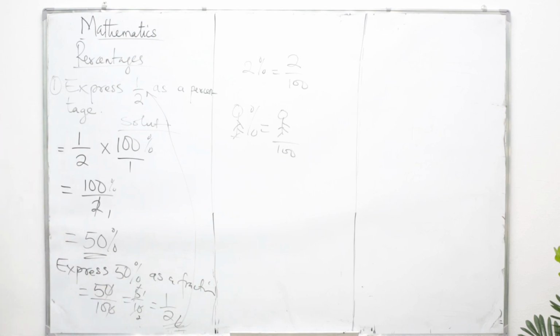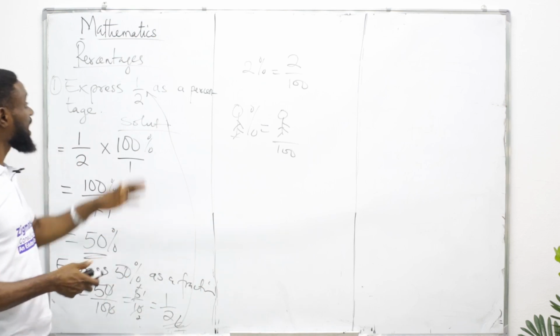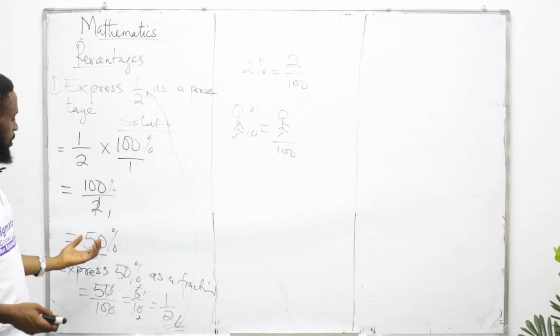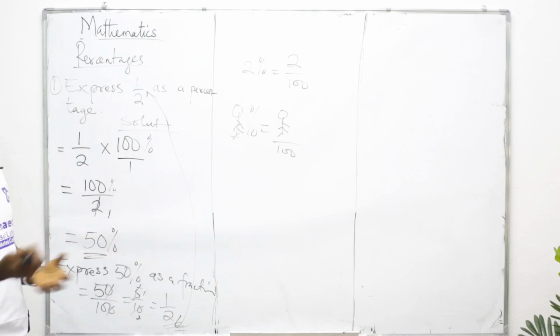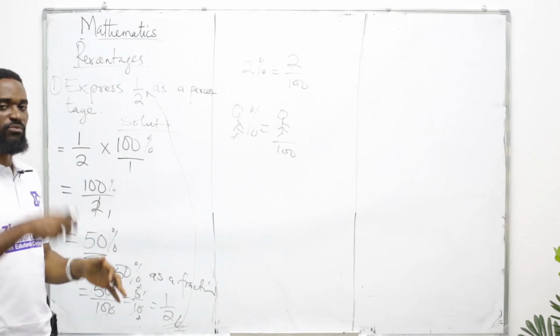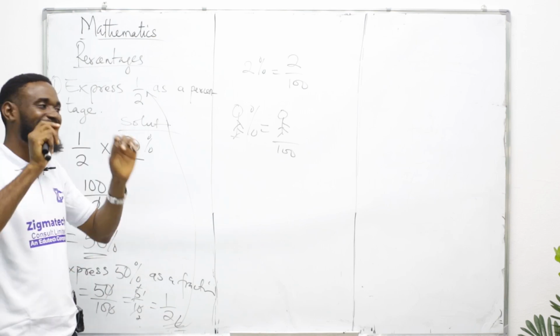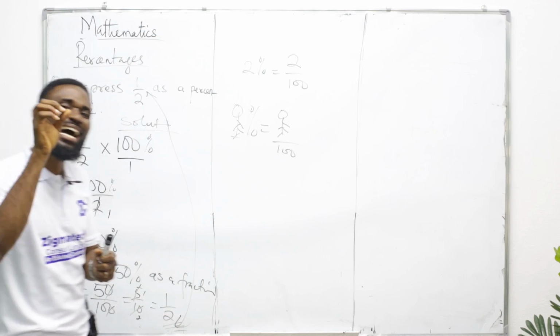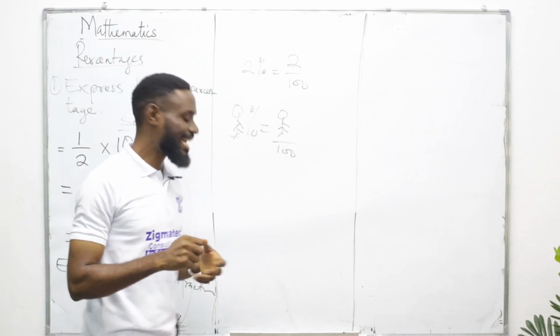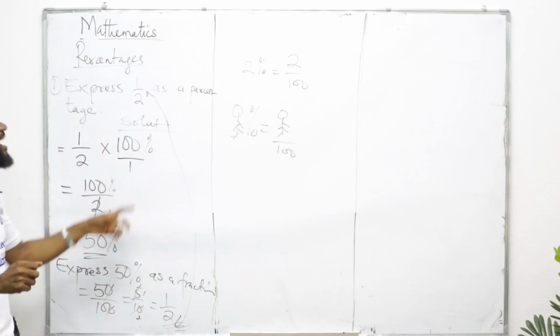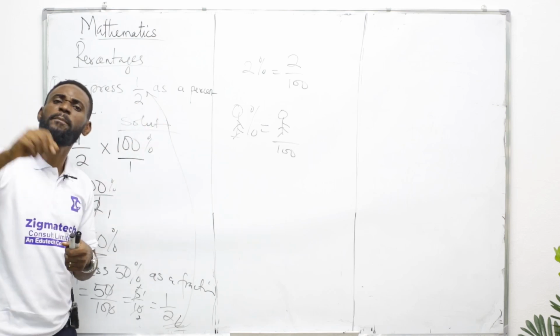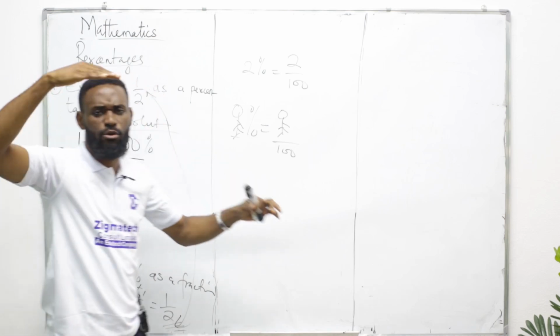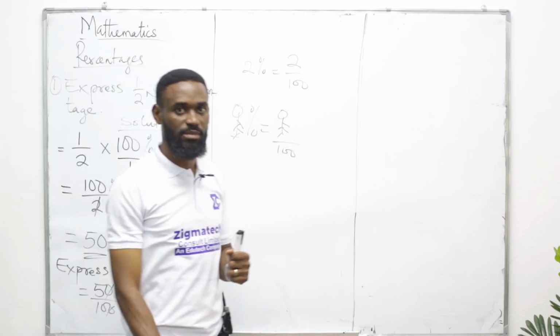So just as we can change a fraction to a percentage, we can also change from that percentage to fraction. But whether the number is in fraction or in percentage, they must have the same value. Just like this is the same as half. If we say 50%, it means half of 100.